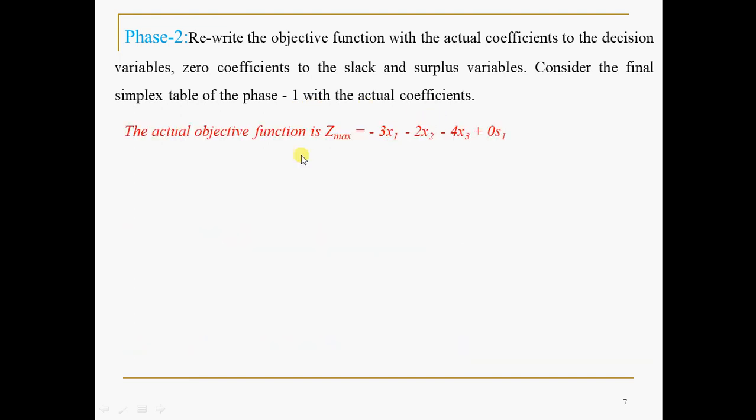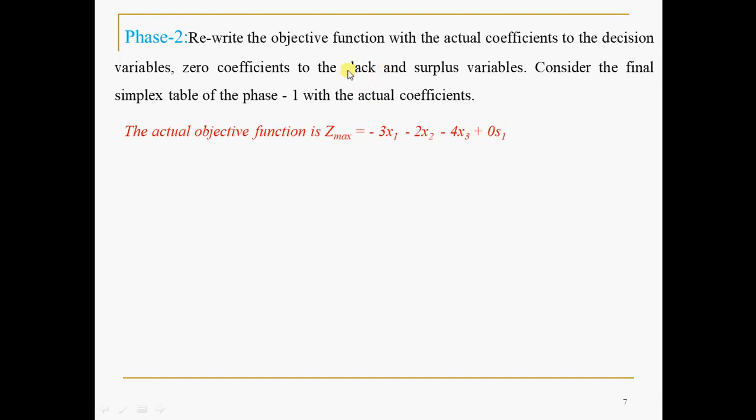If you write the actual objective function, it will be minus 3x1, minus 2x2, minus 4x3. Why is it minus? In the beginning itself I told you the standard form is maximization, and as it was given to minimize Z, I multiplied with a minus sign, that's all, minus 1. And what is given here, slack and surplus. There are no slack variables because there is no constraint of less than or equal type. Slack variables will not come into the picture.